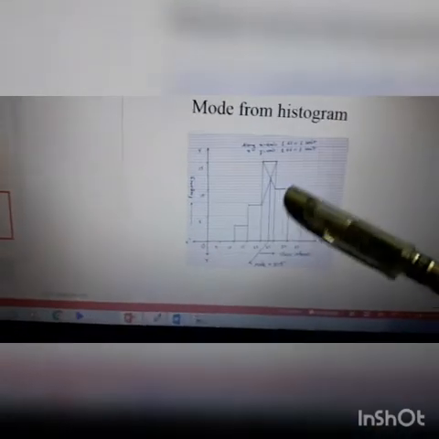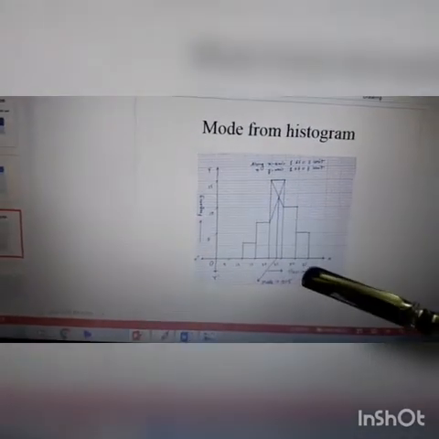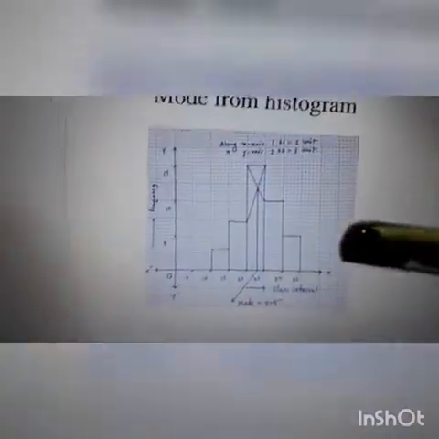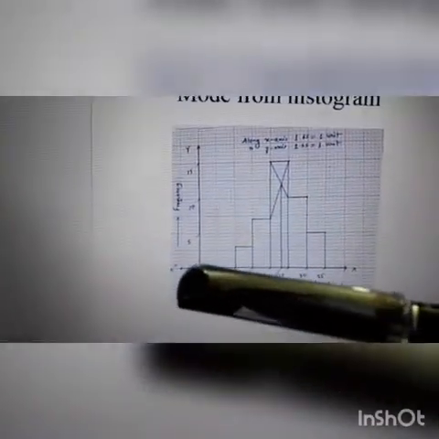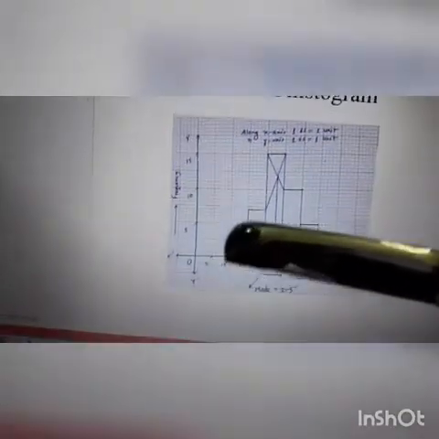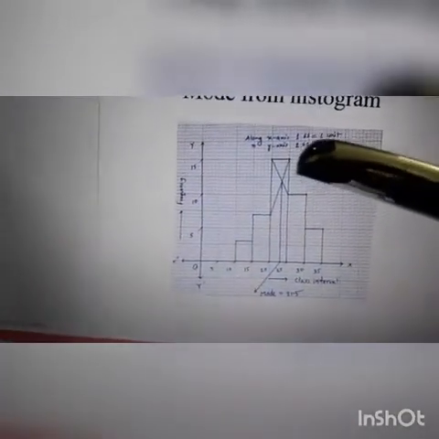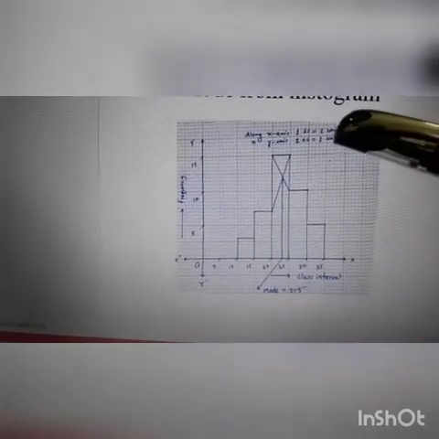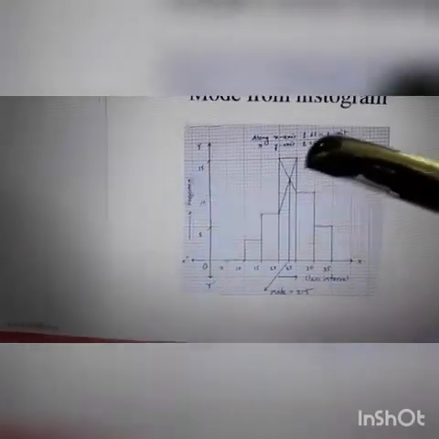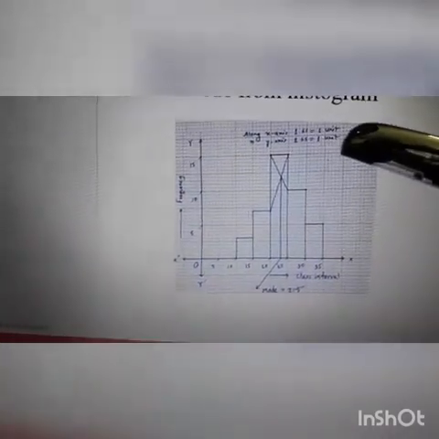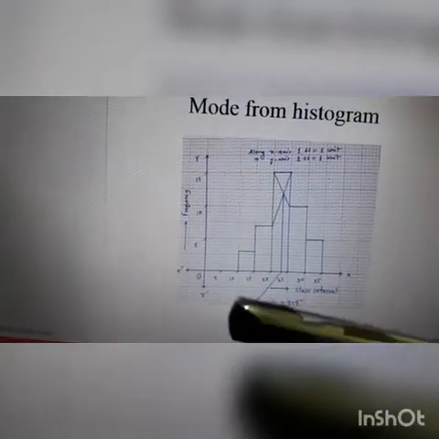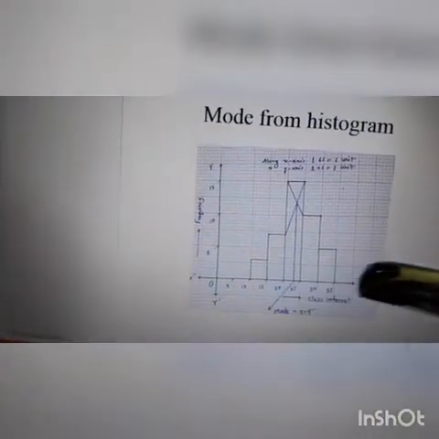Along the x-axis we represent the class intervals, and along the y-axis we represent the frequencies. These two axes intersect each other at point O, the origin. Along the x-axis we consider 1 small square equal to 1 unit, and along the y-axis we consider 2 small squares equal to 1 unit.